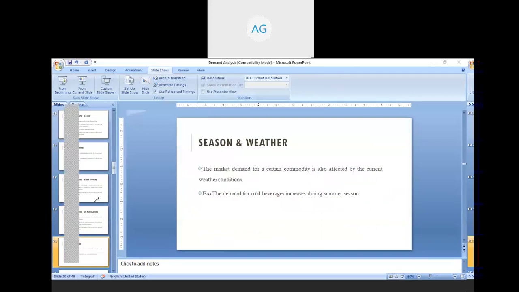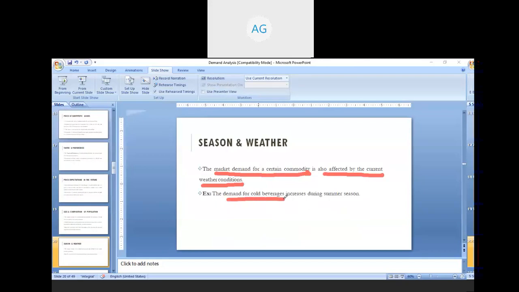Now the next determinant of demand is season and weather. The market demand for a certain commodity is also affected by the current weather conditions. For example, the demand for cold beverages increases during the summer season.